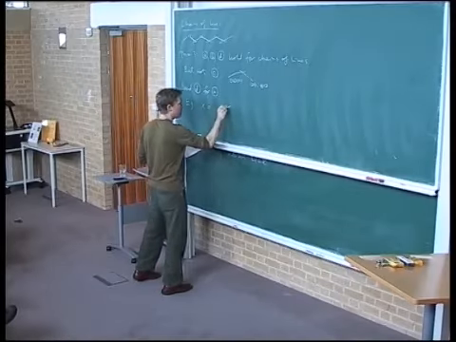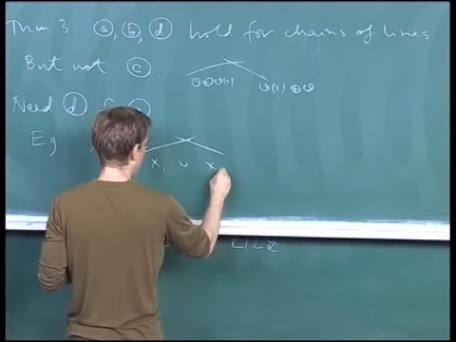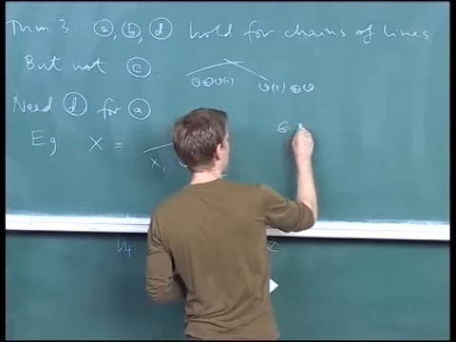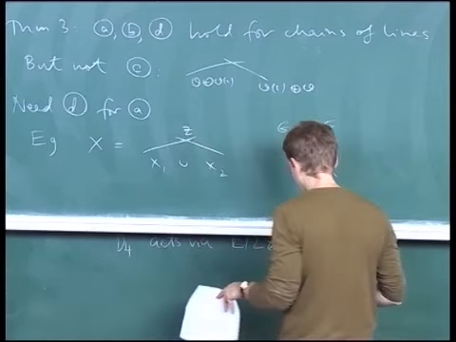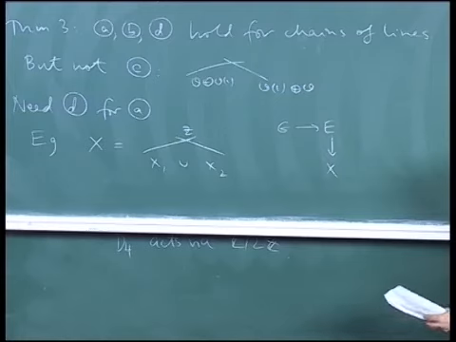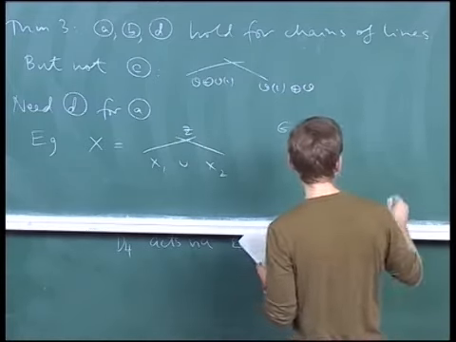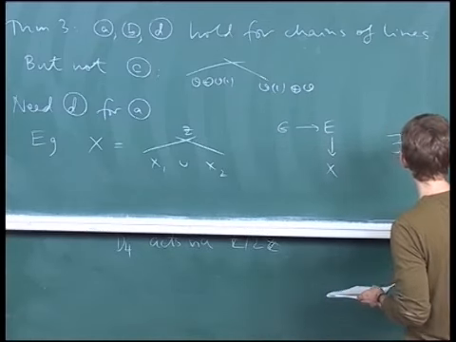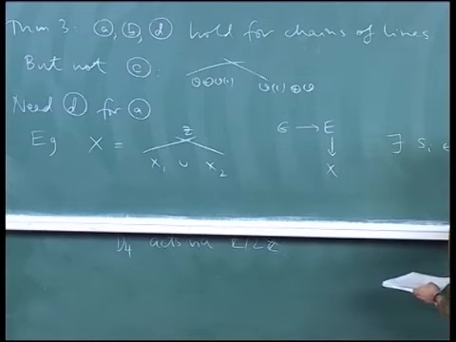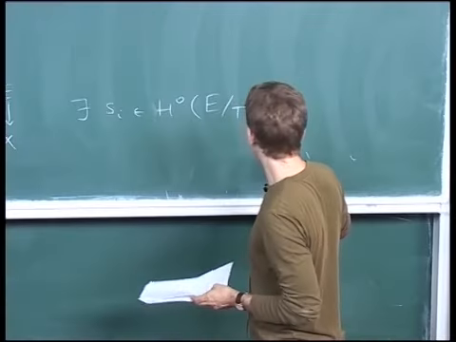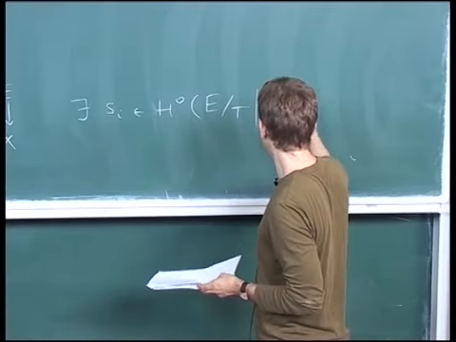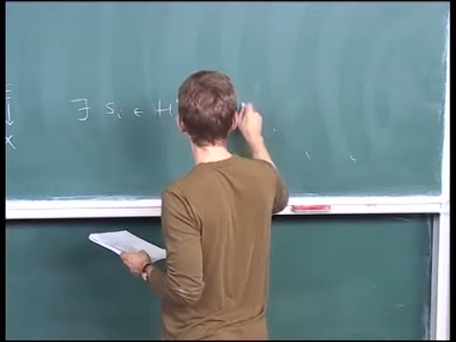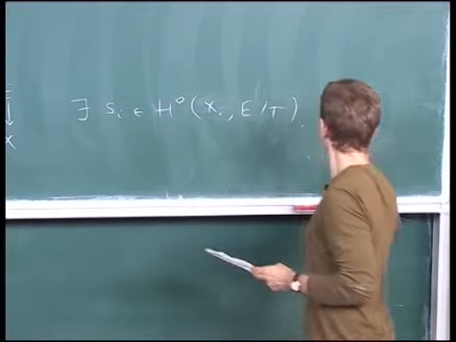So if X is the union of just two lines, I'll let Z be the node in between them. And suppose I have a principal G bundle on this union of two things. Well, on each component, it does reduce to a maximal torus, so I have sections S_i of E_T restricted to X_i.